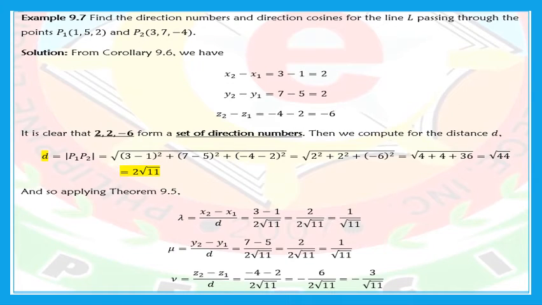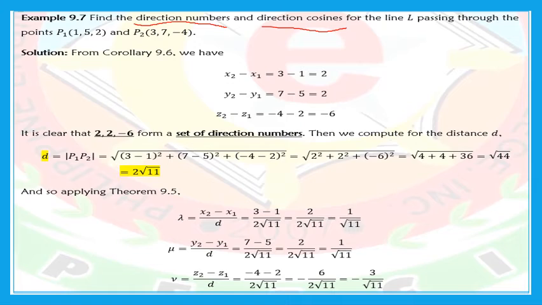For example, find the direction numbers. Okay, take note. Find the direction numbers and direction cosines for the line L passing through the points P sub 1 (1, 5, 2) and P sub 2 (3, 7, -4). Okay, so from corollary 9.6, class, we have yung direction numbers.